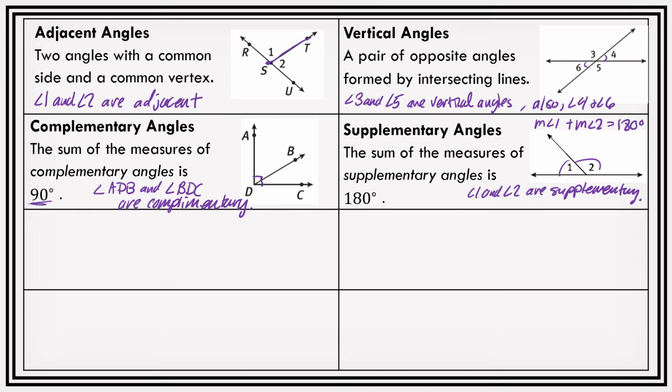This is a good thing to point out right now: this little m in front of an angle means measure of that angle. We write the same thing for our complementary angles to the left here. We could say the measure of angle ADB plus the measure of angle BDC is equal to 90 degrees. So remember that m means measure.